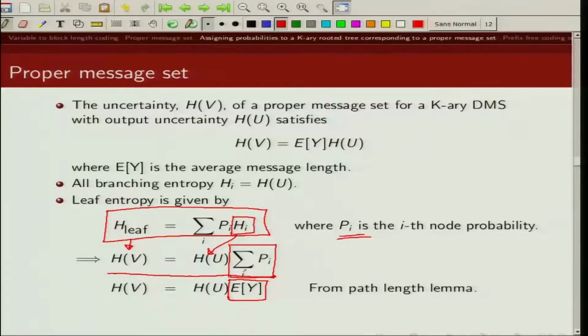The expected value of that from the path length lemma is given by this quantity. So what I have shown you is that the uncertainty associated with the parsed message source for a proper message set is given by this relation. It's the uncertainty in the source letter multiplied by the expected value of Y, which is the length of the parsed message.